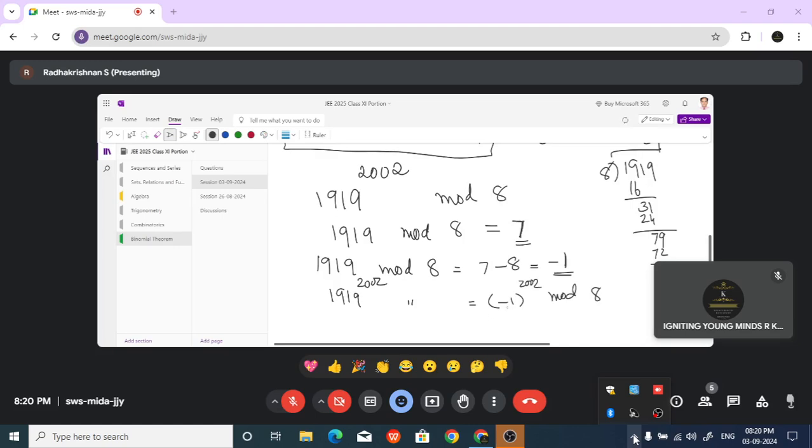And what is minus 1 to the power of 2002? 1. Therefore, if we divide 1919 to the power of 2002 by 8, we get a remainder of 1. We can easily determine this through the properties of mod that we explained.